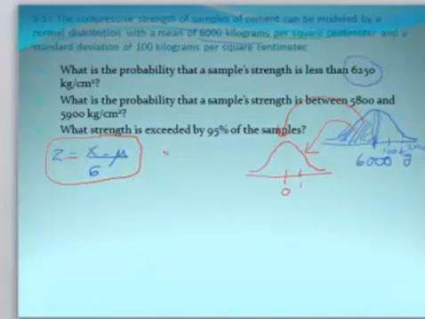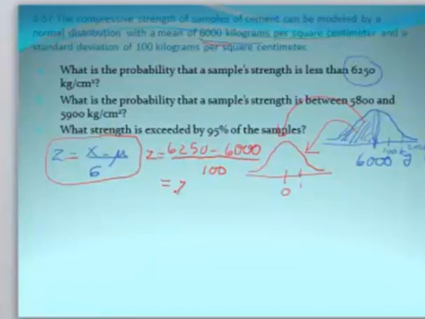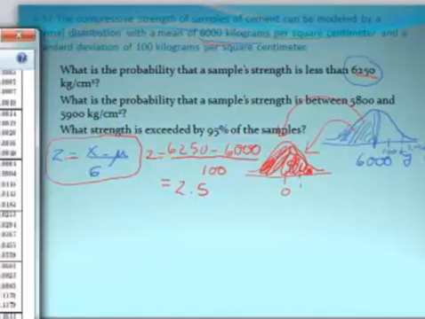And so we can say 6250 minus 6,000 all over 100 is equal to our new z-score, which is 2.5. So what's the probability that a sample strength is less than this value? Well, let's see, here's 2. So it's going to be this whole area under here, which if you look on our magical table, everything's magical today.